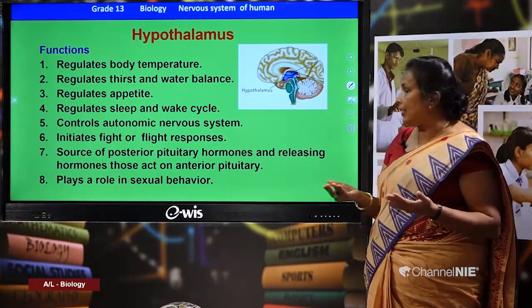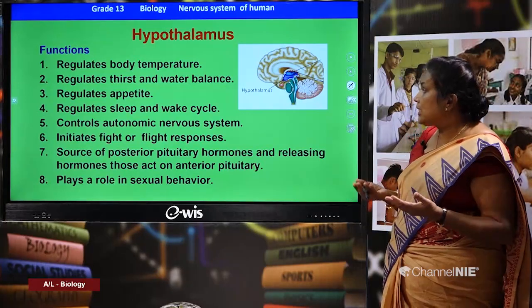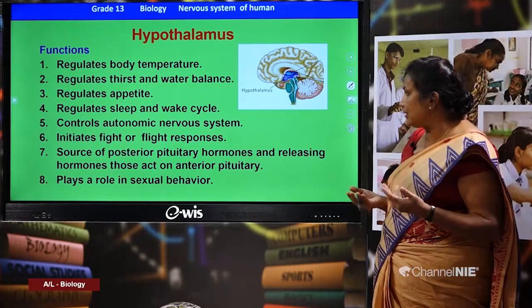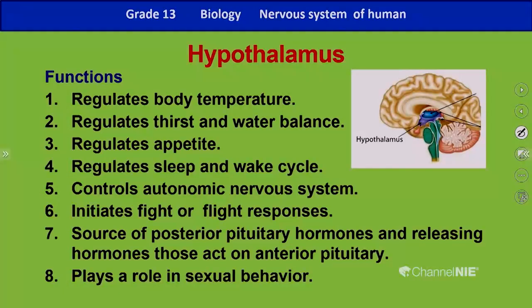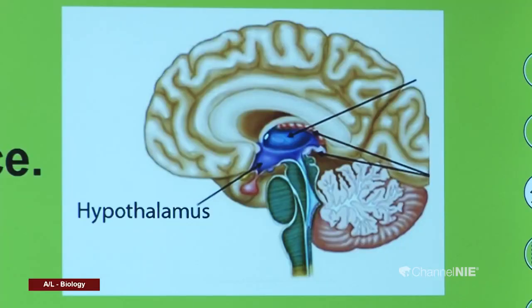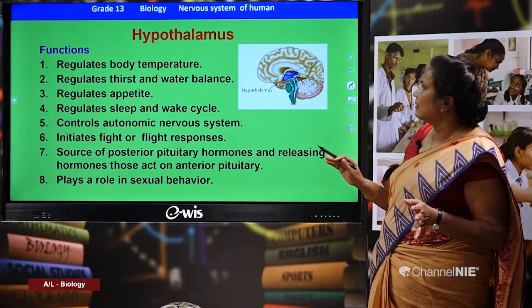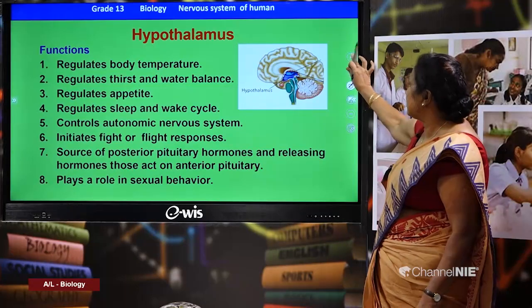Regulates appetite, regulates sleep and wake cycle, controls autonomic nervous system, initiates fight and flight responses, source of posterior pituitary hormones and releasing hormones that act on the anterior pituitary, plays a role in sexual behavior. Those are the functions related to the hypothalamus.